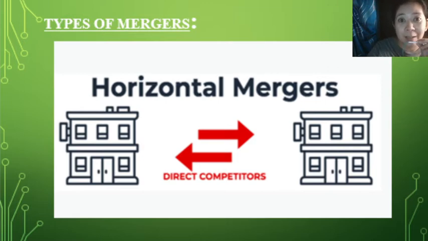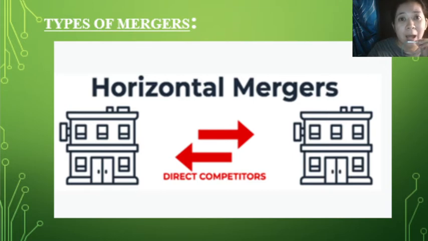Before, they were competitors, but they decided to combine and become one single entity because they want to increase their market share. One entity has already established its market share, and combining with the other firm will expand it.